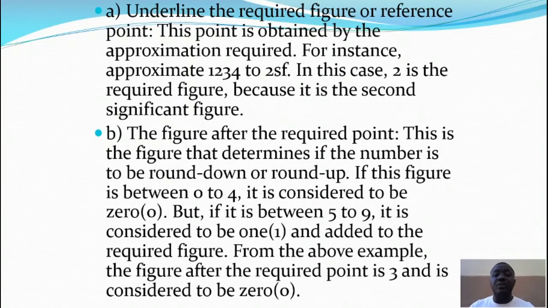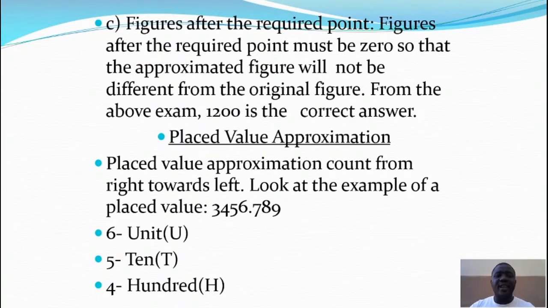But if the figure is between 5 and 9, we consider it to be 1, then we add it to the required figure. So when you add it to the required figure, then what next? Then the next thing is that every other number outside the required point should be 0.